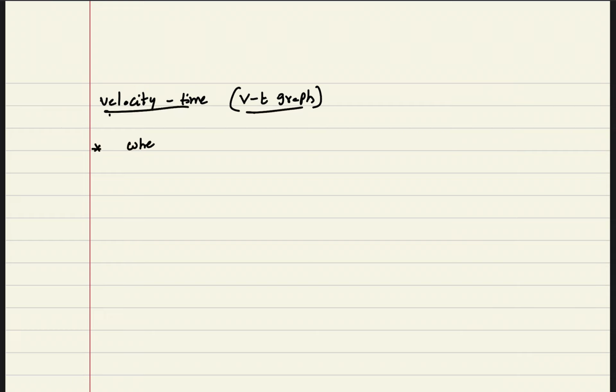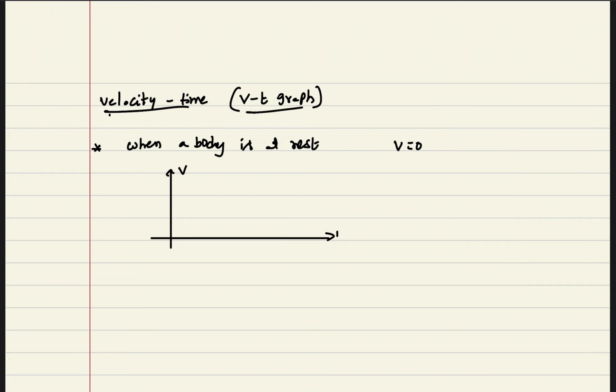So I am writing the vt graph. First, when a body is at rest, you can write velocity is 0. If you draw the graph between velocity and time, velocity is along the y-axis and time is along the x-axis.